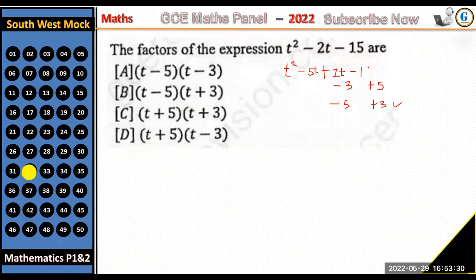If we group them now, for the first group, the highest common factor is t. So we have t into t minus 5. And then for the second group, we have minus 15 and plus 3t.